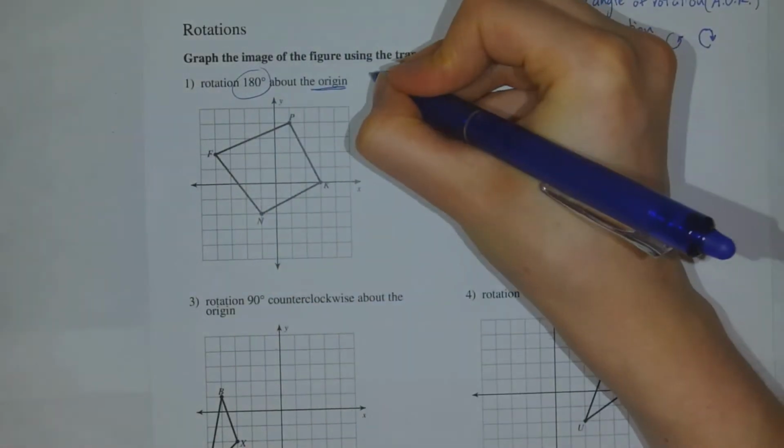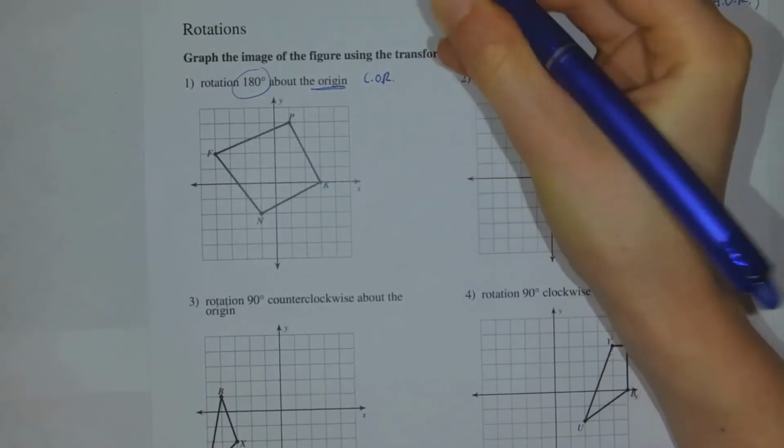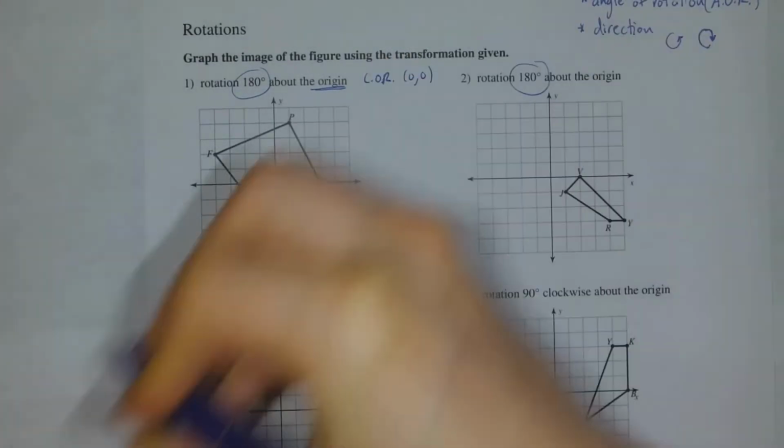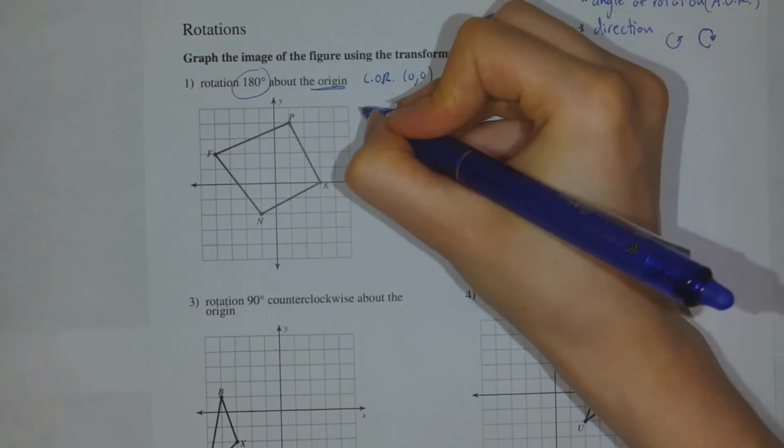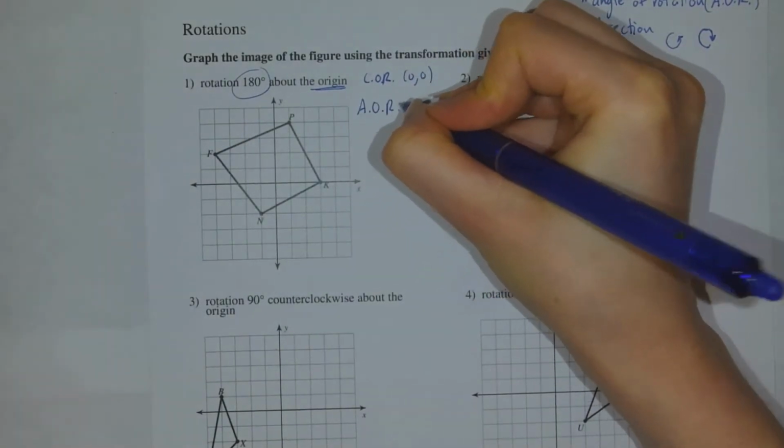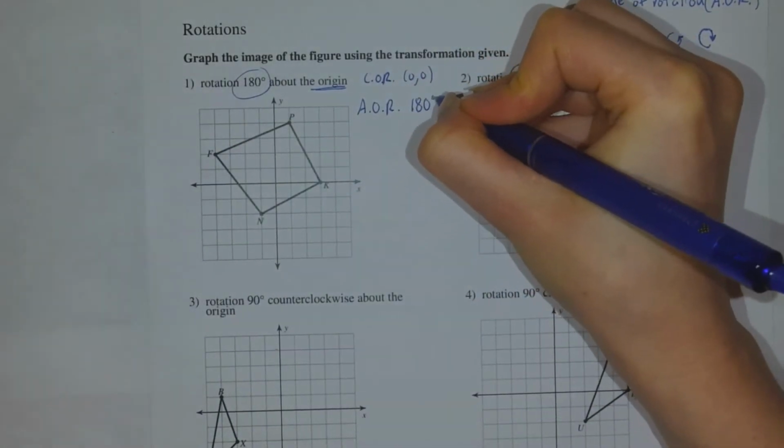Let's quickly make a note here. The COR, the center of rotation, is 0, 0, the origin, and the AOR is 180.